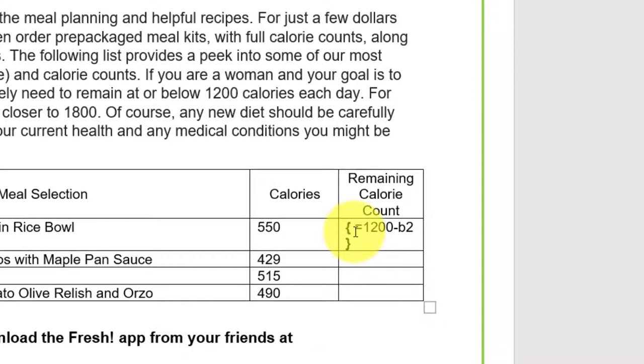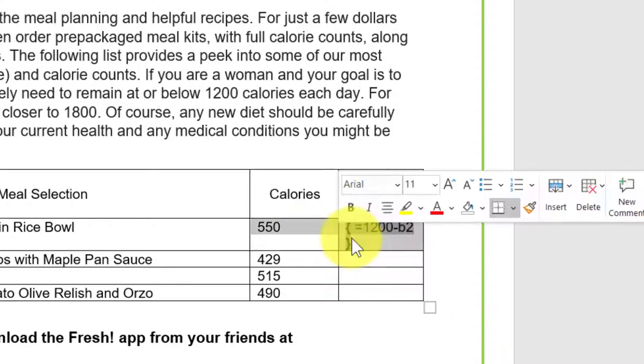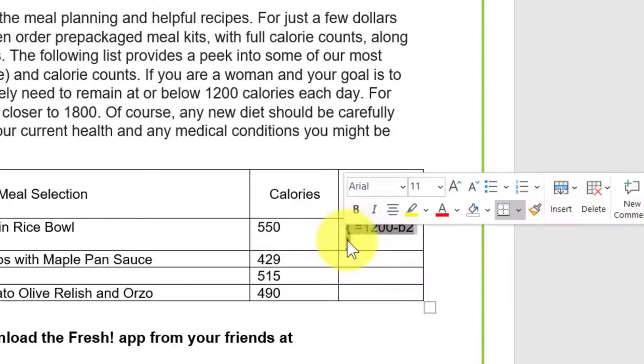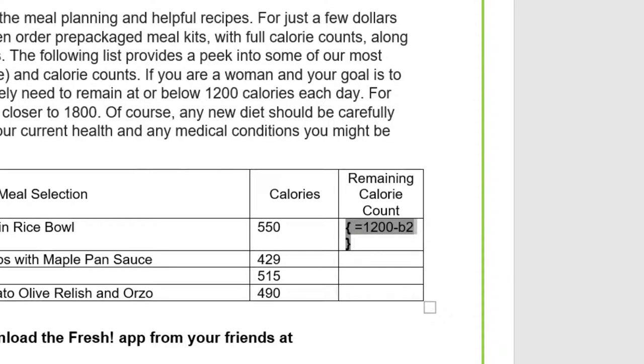Now, those little bracket things there are telling us that it is a formula. You'll notice if I click in the middle of 550, nothing is selected, nothing is in purple. My mouse is just sitting there saying, do you want to type something? If I click over here, normally it's going to select that, and I think what it believes is that I am in an editing mode, that I'm ready to edit that formula.